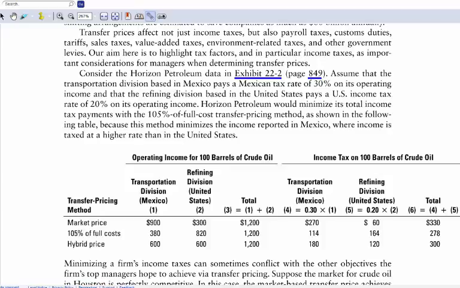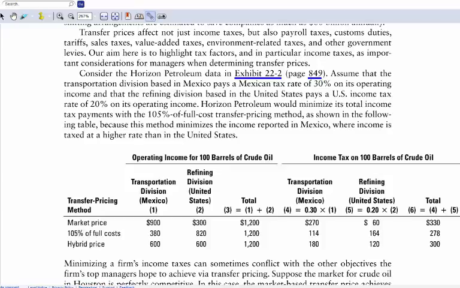Another consideration by the international arena or those multinational companies is that transfer prices are sometimes influenced by national restrictions on dividends or other income-related payments to parties outside their national borders.